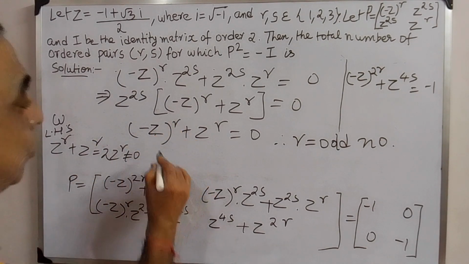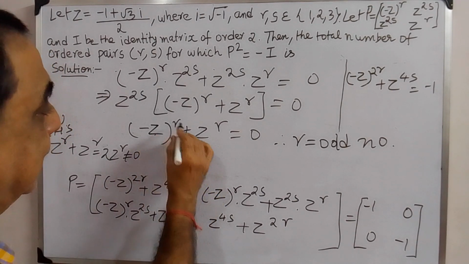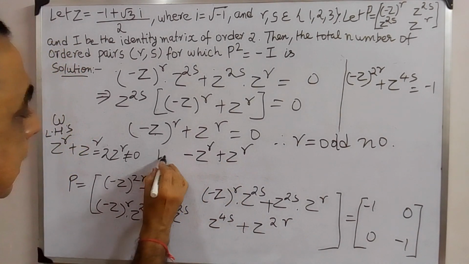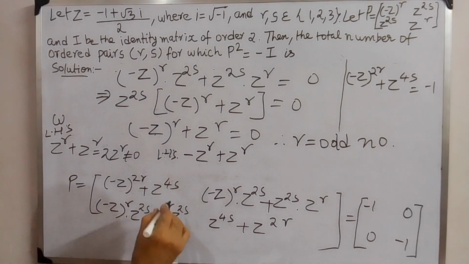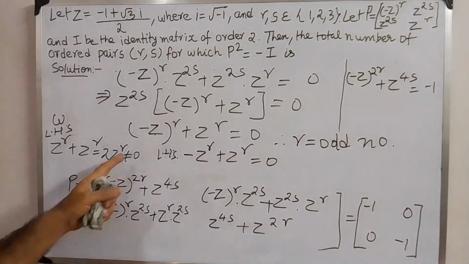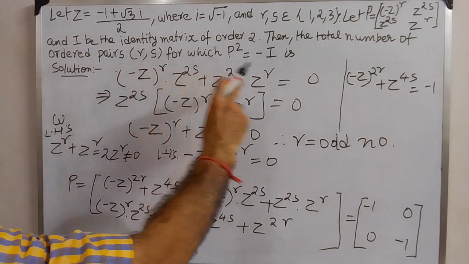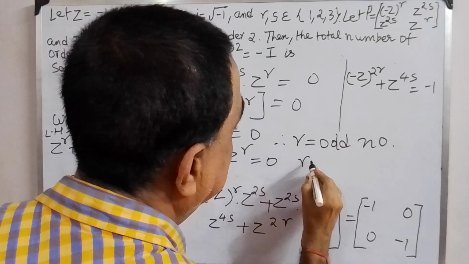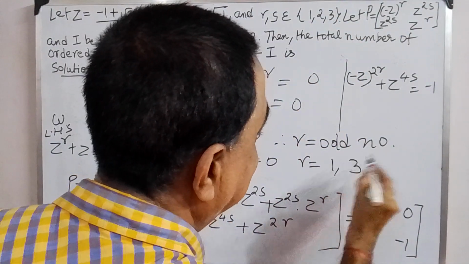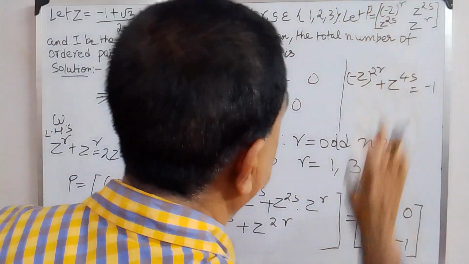If r is odd, it becomes minus z to the power r plus z to the power r, so that cancels and you get 0. So r has to be an odd number, so r is either 1 or 3, and s can be any number, 1, 2, 3.